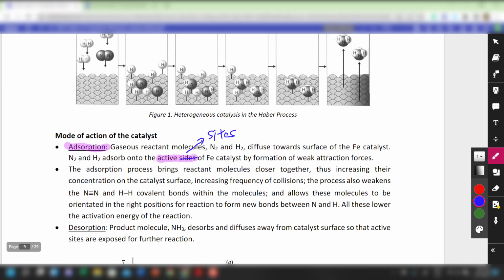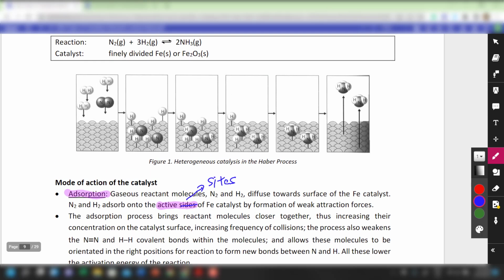In the course of adsorption, the critical covalent bonds within the molecules get weakened. This allows an increase in collisions via a lowered activation barrier. New bonds will be formed between the nitrogen and hydrogen. The final product, which is ammonia, is still adsorbed on the surface.